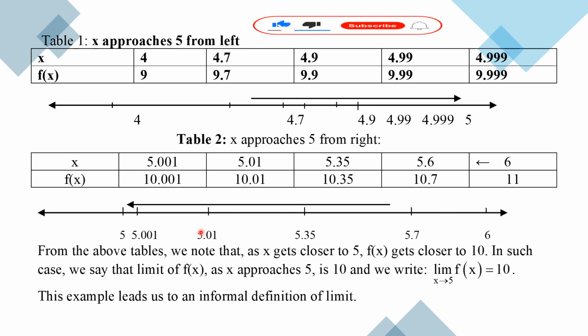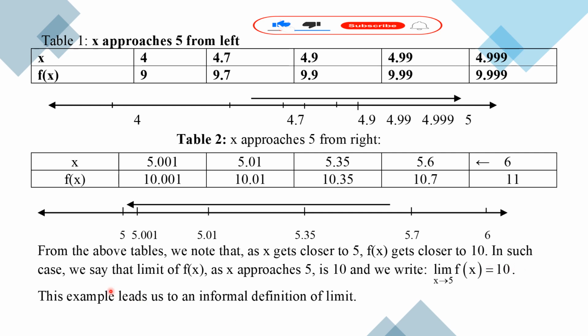Similarly, if x approaches 5 from the right side, with values such as 5.6, 5.35, 5.01, then f of x approaches 10 from above, such as 10.001. From both sides, from the above table, we note that as x gets closer to 5, f of x gets closer to 10.